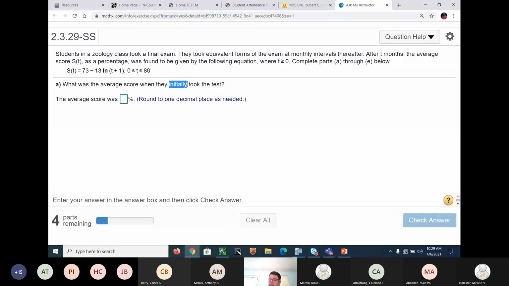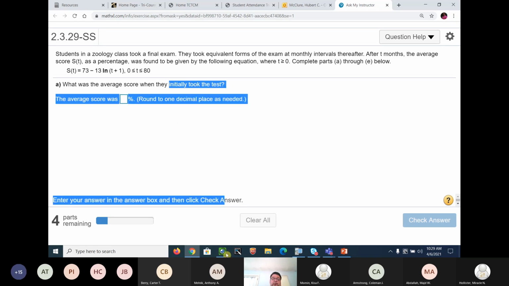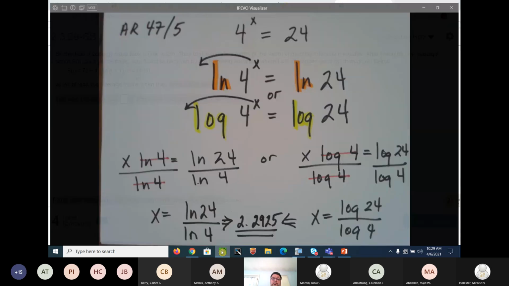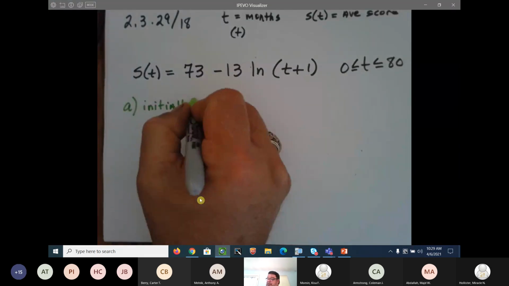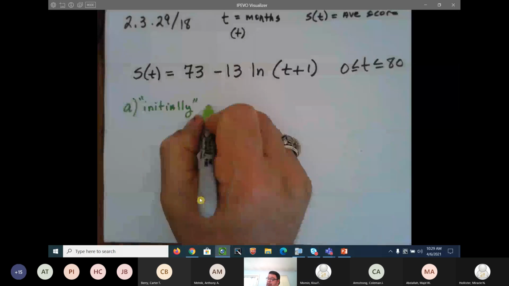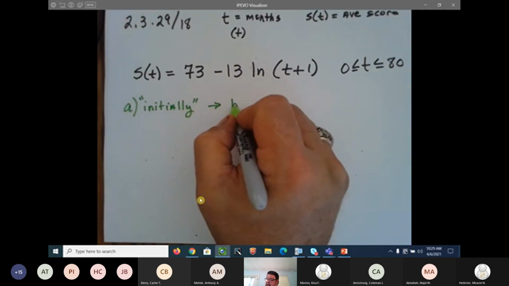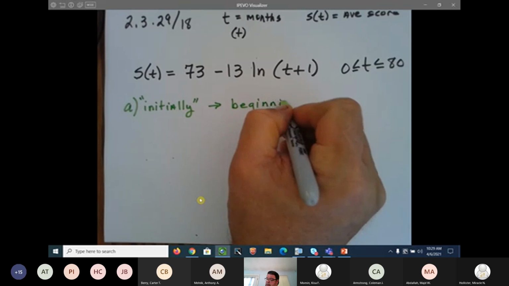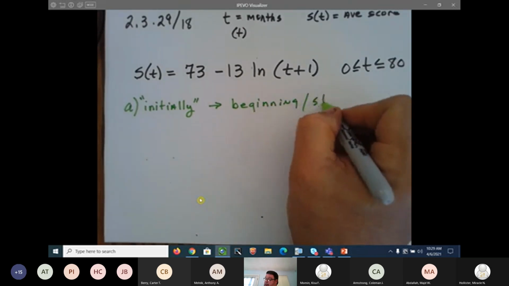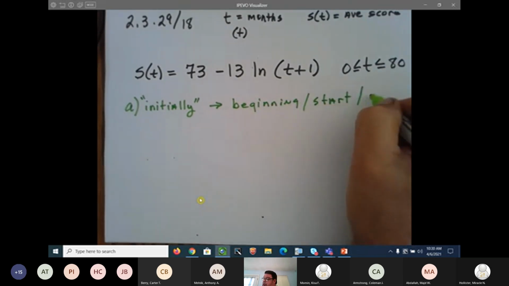Initially, always, and I'm going to write this in green because you need to remember this in science. I'm going to write down the word initially. When you see the word initially in science, that usually means the beginning, the start, the benchmark.